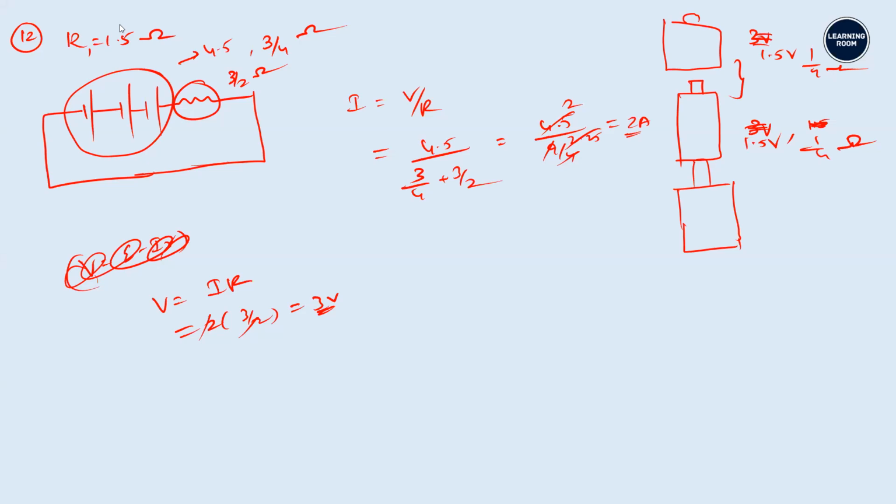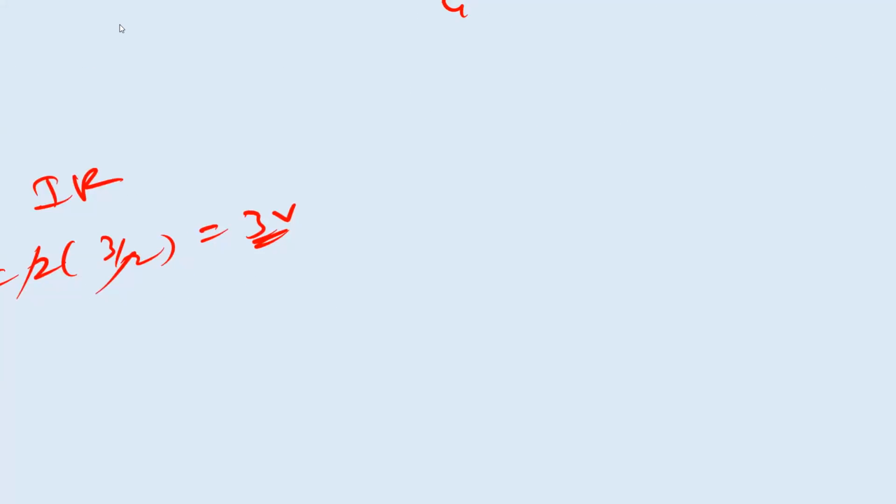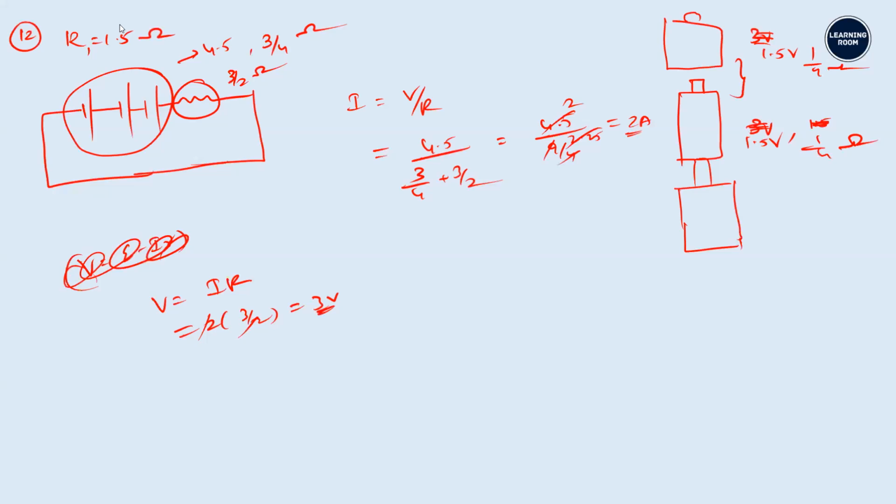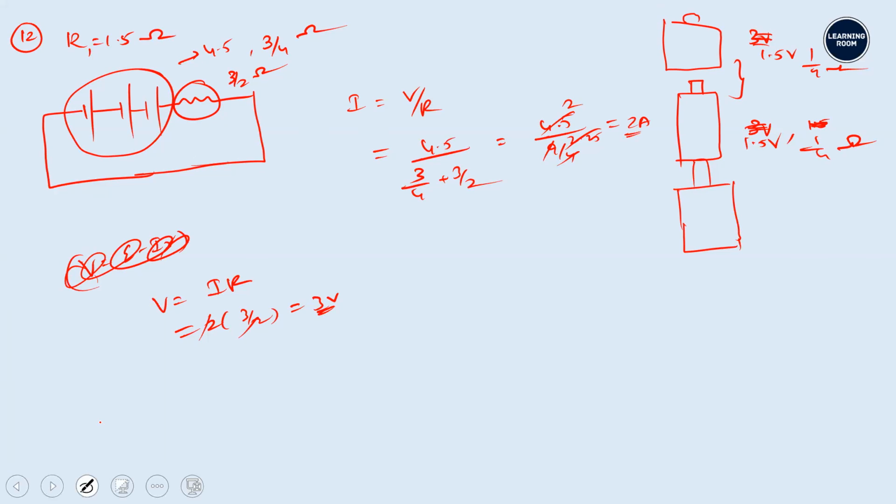Unit. 1/3 coulomb per centimeter. Coulomb per meter then. Lambda by 2 pi epsilon naught r. That's it.